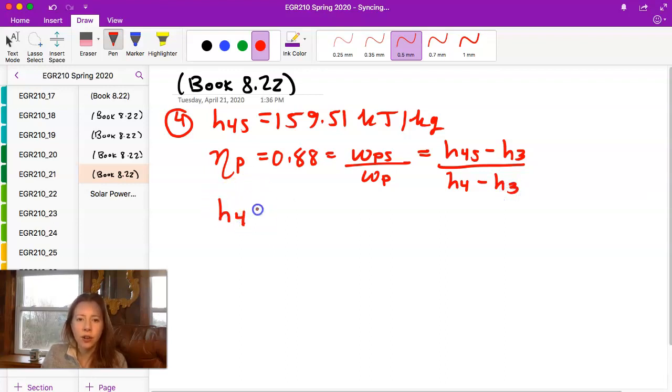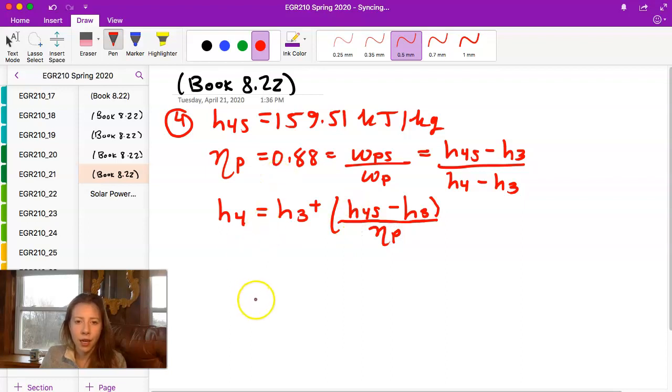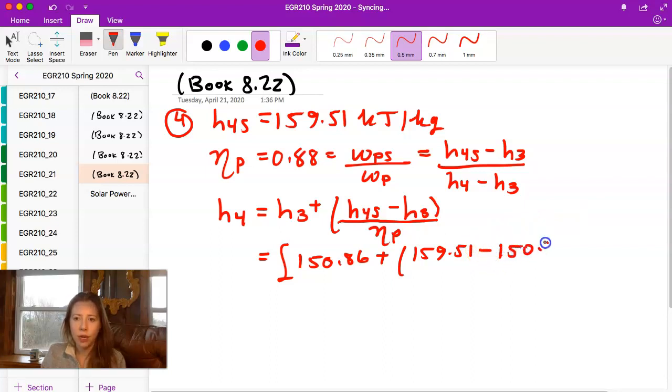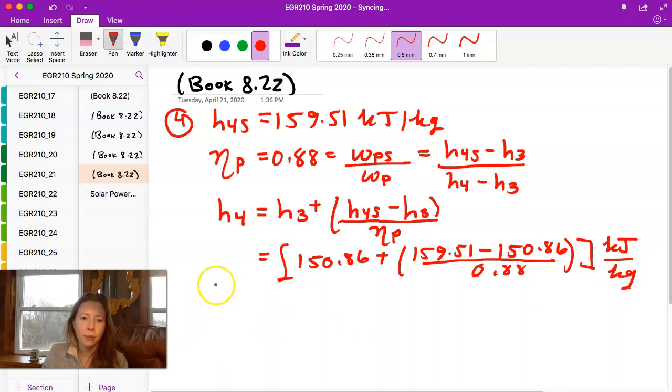And so we can rearrange and solve for H4, which is going to be H3 plus H4S minus H3 divided by eta P. And now just plugging in, we're going to get that H4 is equal to 150.86 plus H4S was 159.51 minus 150.86 divided by 0.88. And this is kilojoules per kilogram. And we end up with H4 is equal to 160.69 kilojoules per kilogram.